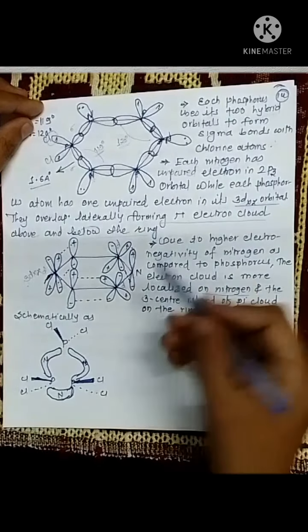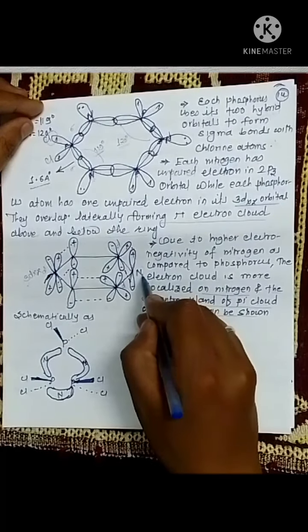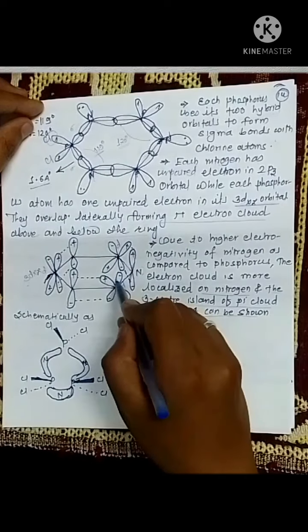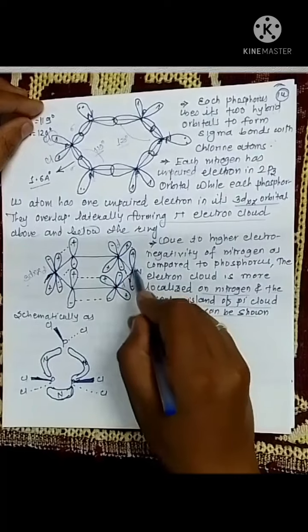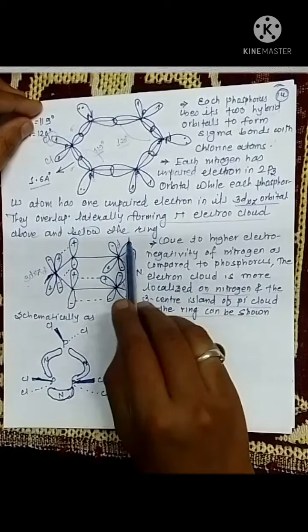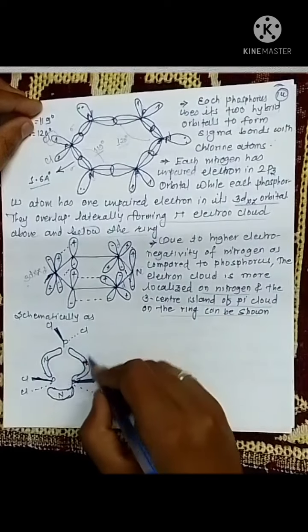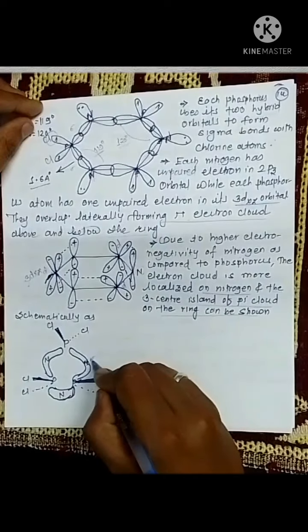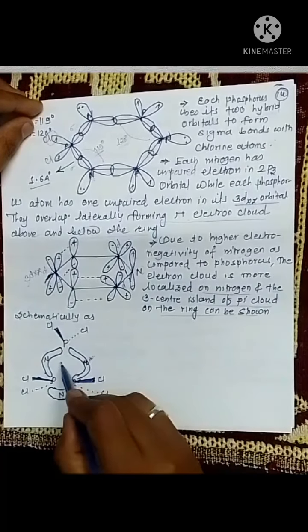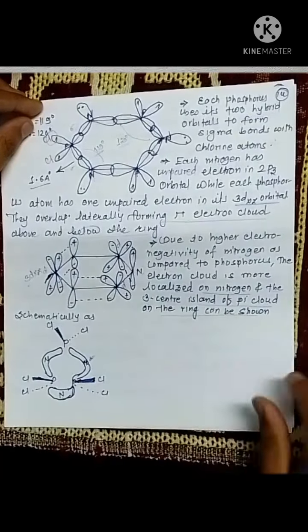Now nitrogen is more electronegative than phosphorus, so because of that this electron cloud which is formed is more shifted towards nitrogen, which is shown in this diagram.